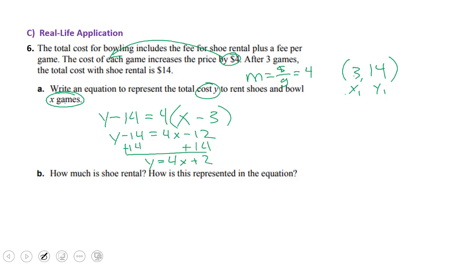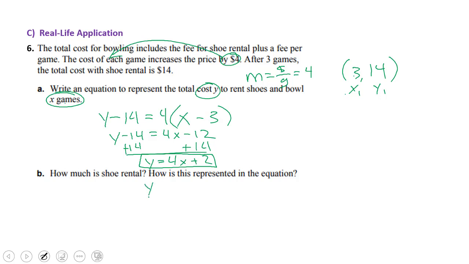So there's the equation that represents the total cost y, with the cost for each game increasing by $4 plus the shoe rental. And how much is the shoe rental? Well, our shoe rental is going to be our y-intercept.